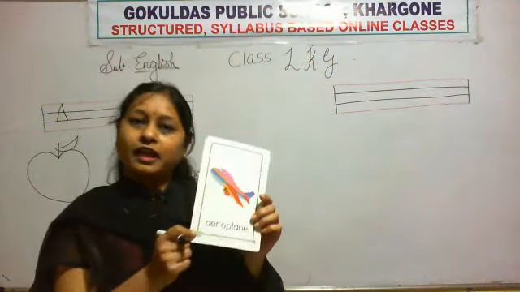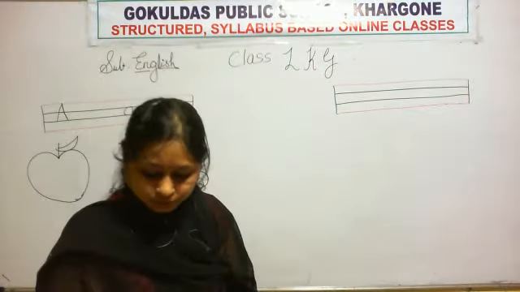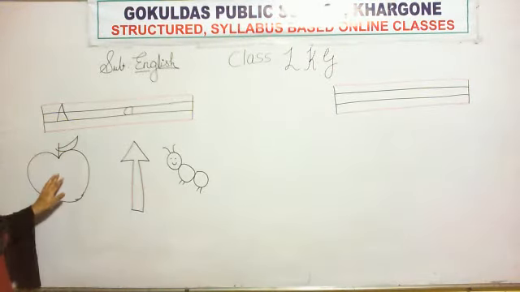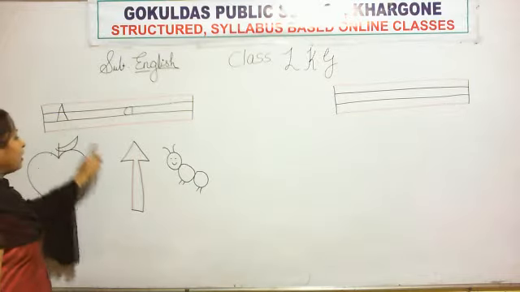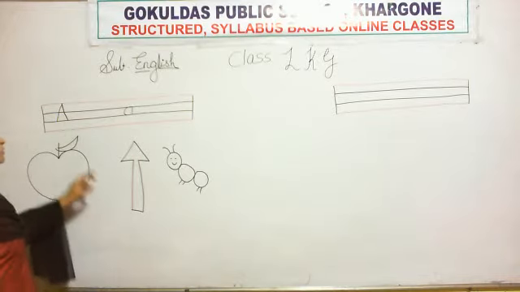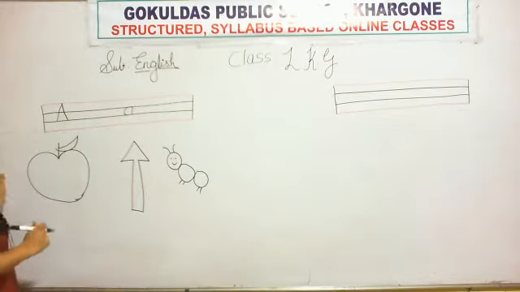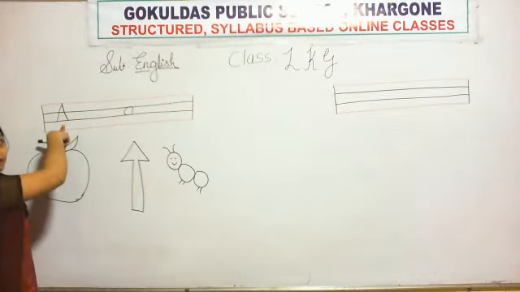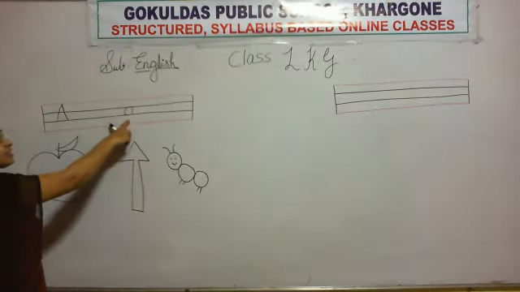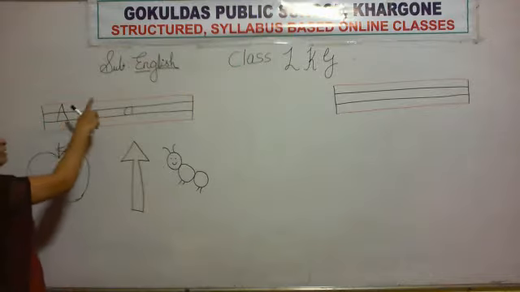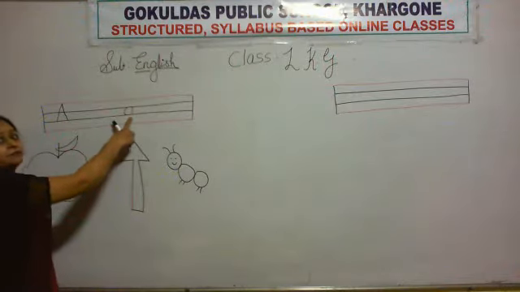A for aeroplane. Again, A for apple, A for arrow, A for ant. Now, this is mama A and this is baby A. Okay? Mama A, baby A.